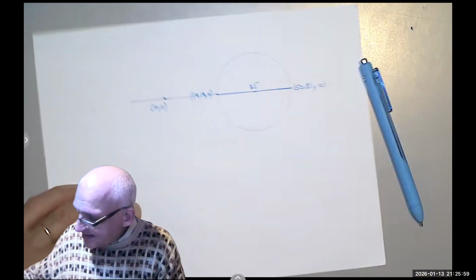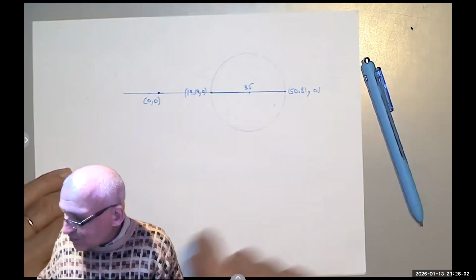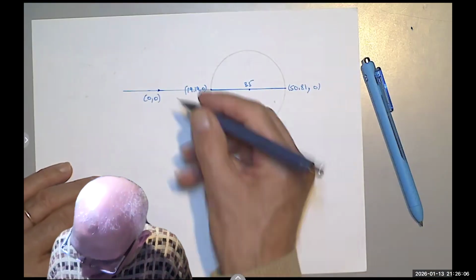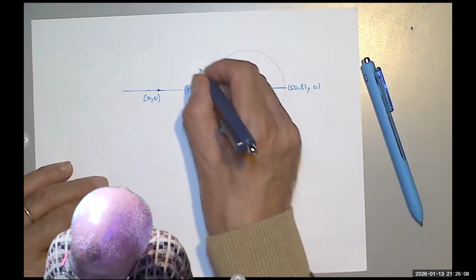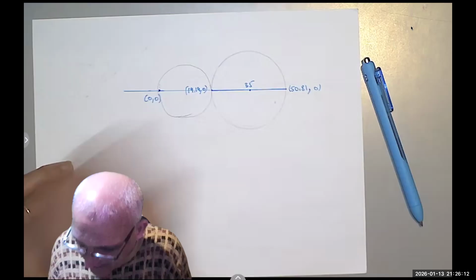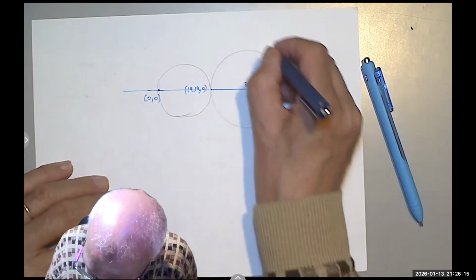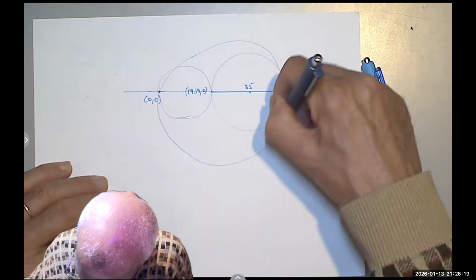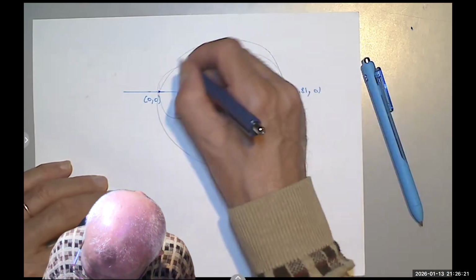But guess what? I can draw two more Mohr circles. One of them here, and one of them here. Excuse my drawing, I know.